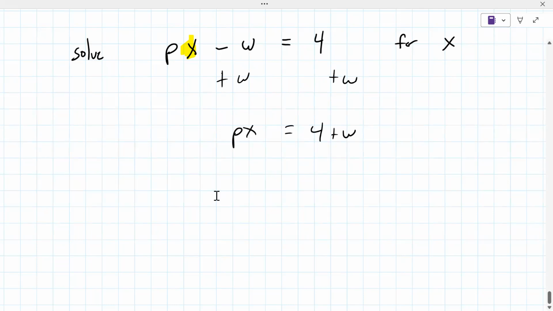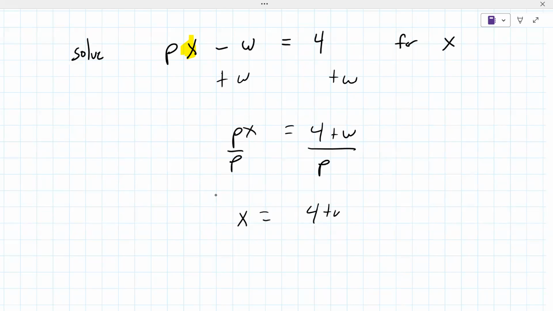And then we would divide by p. So x equals 4 plus w over p. I don't know how p would divide.